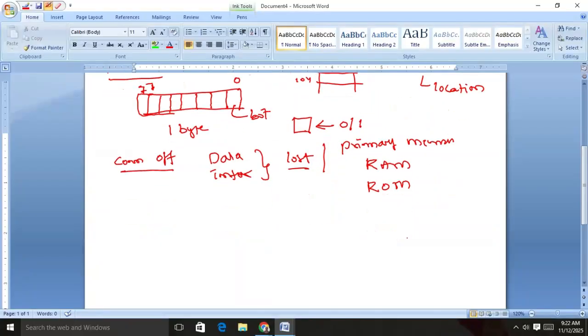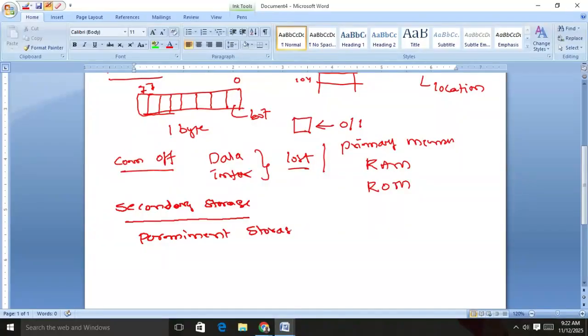And finally I come to the final concept, that is the secondary storage. The secondary storage is known as permanent storage, where we store data or information or programs or instructions on a permanent basis.